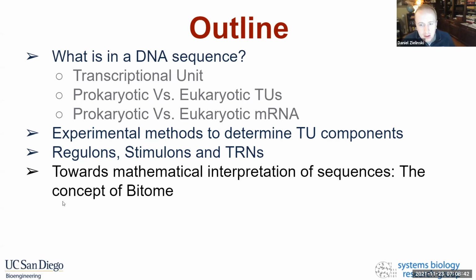And then culminating in what do you actually get for grouping all of this information and organizing it? What happens when you can mathematically represent all this genomic information and start to look at trends? And that's this data structure that we call the Bitome. I'll be showing some of the example analyses that we've done so far, displaying the statistics of information in the genome and how that provides a more basic understanding of how your organism is storing information in its DNA.